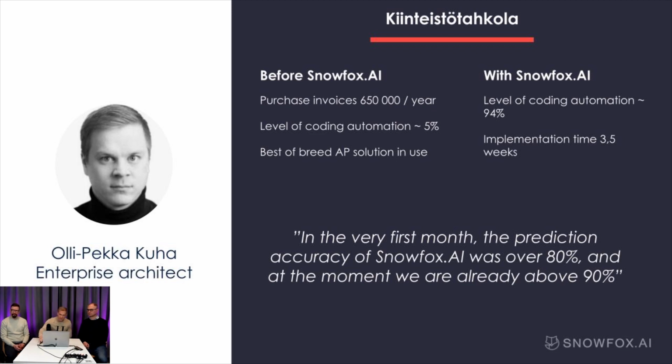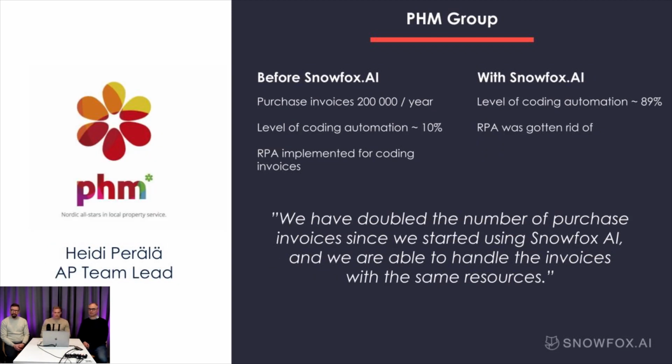So, yeah. And then PHM Group, which is also in the real estate management business. Over 200,000 invoices received annually, and the level of coding automation was roughly 10% before they took Snowfox in use. They had robotics in place for coding the invoices, which they replaced when they took Snowfox in use.